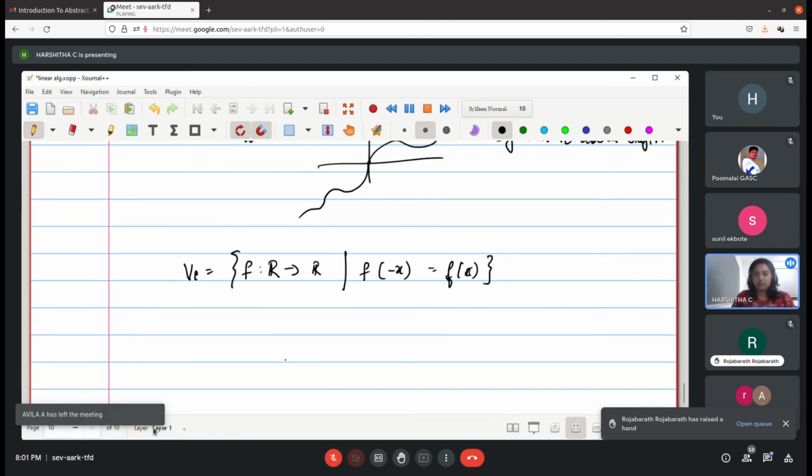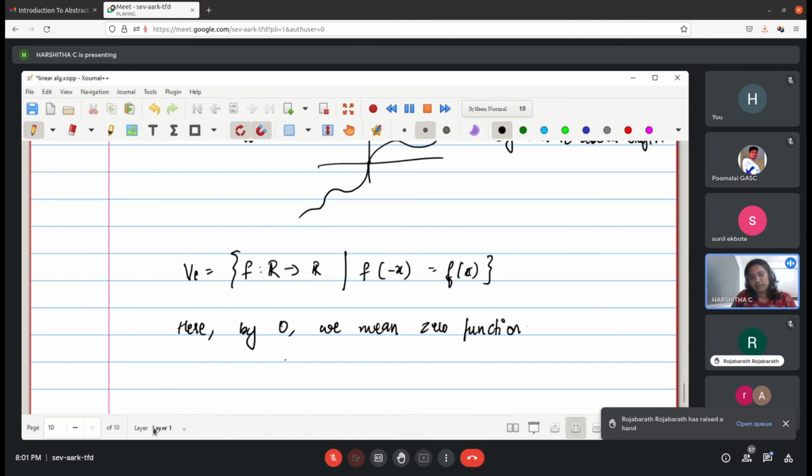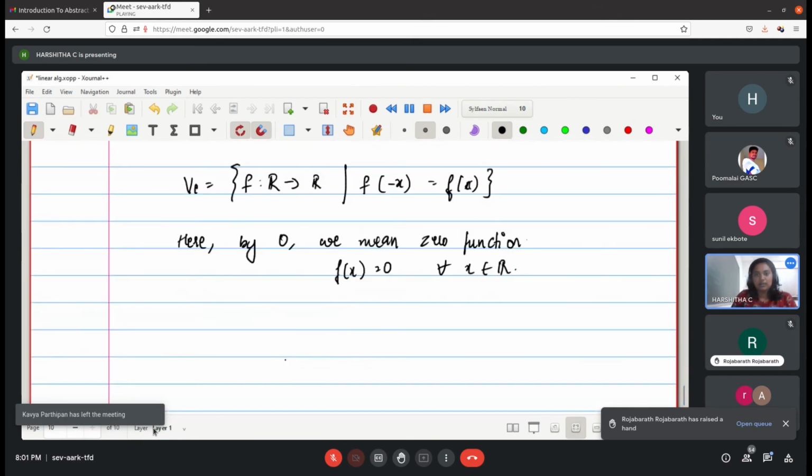Whatever the meaning of 0 is in this vector space, here we mean the 0 function, which is basically f of x equal to 0 for every x. Definitely this satisfies f of minus x equal to f of x, so this belongs to VE.